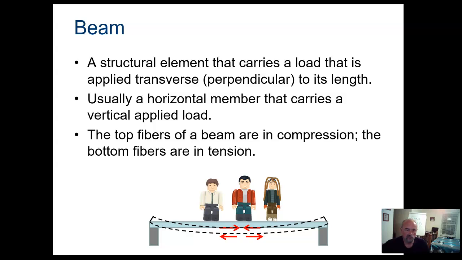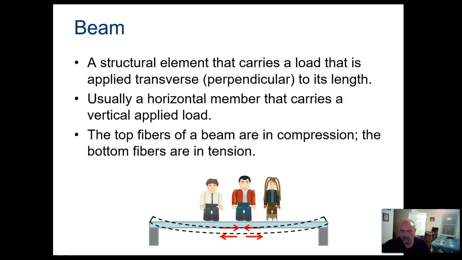A beam is a structural element that carries a load that is applied transverse, perpendicular to its height. Usually a horizontal member that carries a vertical applied load. The top fibers of a beam are in compression, and the bottom fibers are in tension. Many structural members within a structure are technically beams but are called something else.